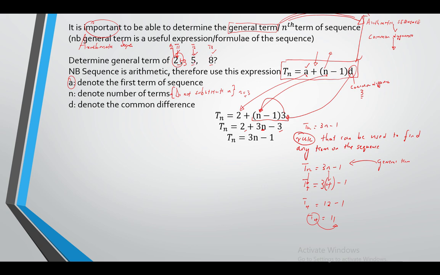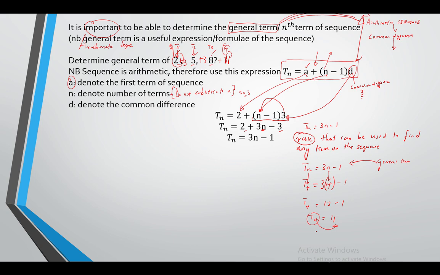So to move from term number 2 to term number 3, 3 was added. So let's add 3 to find term number 4. 8 plus 3 is 11. So you see that term number 4 is indeed 11. The general term was able to find term number 4.